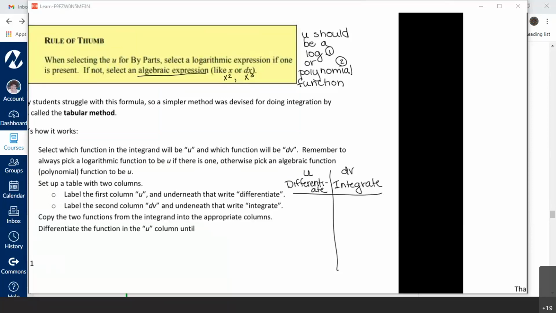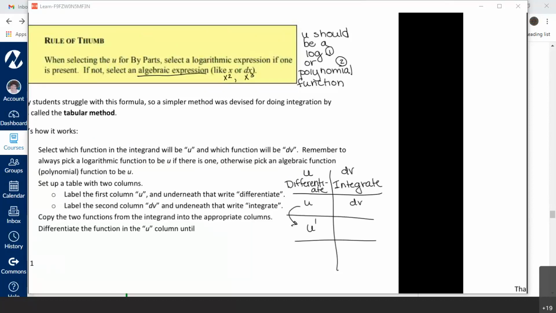The idea then is to copy the two functions from the integrand, so u goes here and dv goes here, and then you keep differentiating u as you go down.